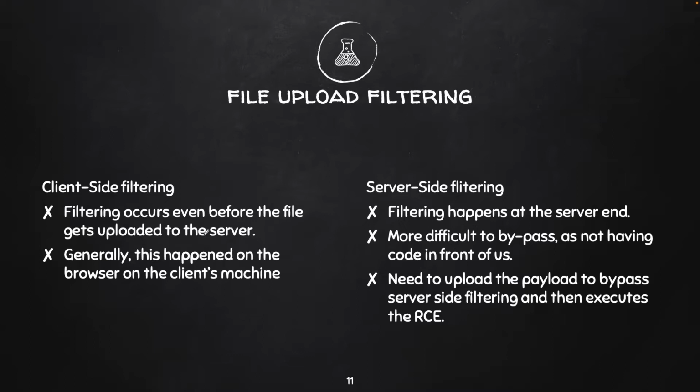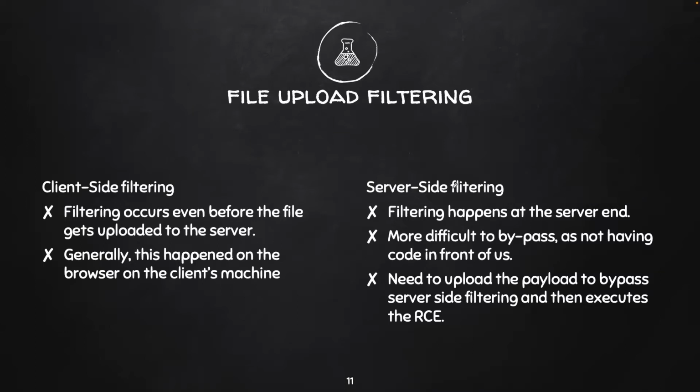Since this happens at the client side, it is easier to bypass, because whatever filtering is applied at the browser level, we can break it by intercepting the request which is sent to the server and then manipulating it. So bypassing client side filtering is a very easy task in comparison to server side filtering.